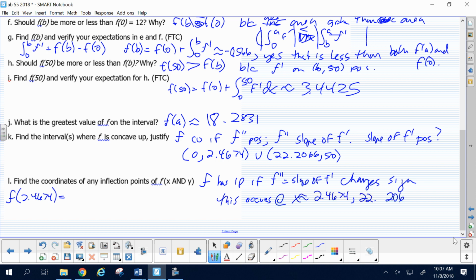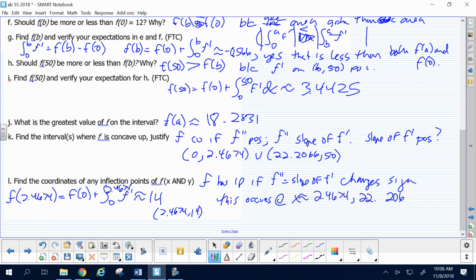Fundamental theorem, yeah. You could do the rearrangement stuff, but I think you'd see it's the starting point plus the change. That y value I got was 14. So one inflection point was 2.4674 to 14.